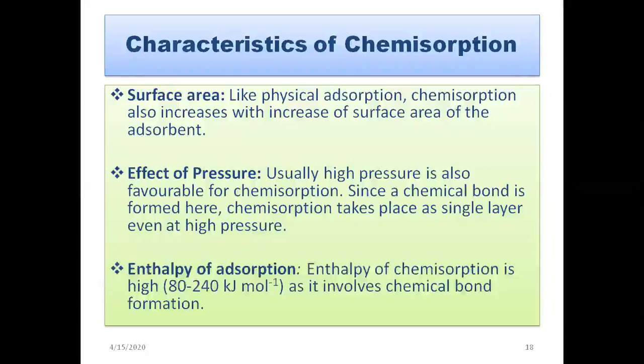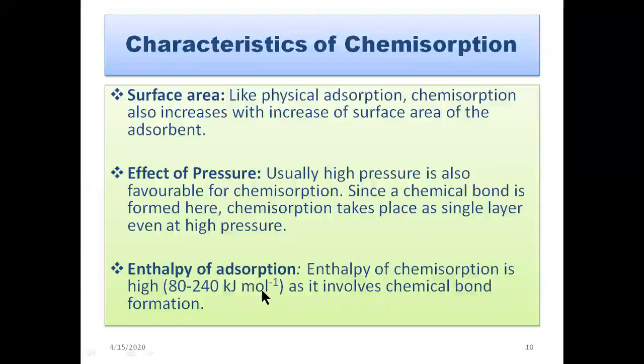Now, enthalpy of adsorption. This is very important. Let's have a look at it. In chemisorption, a chemical bond is formed. Therefore, obviously, we are going to observe a high enthalpy of adsorption. It is 80 to 240. That is 20 to 40 for physisorption, but this is 80 to 240.